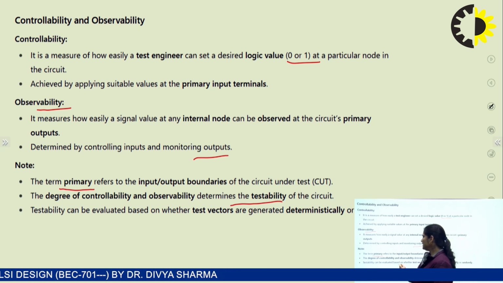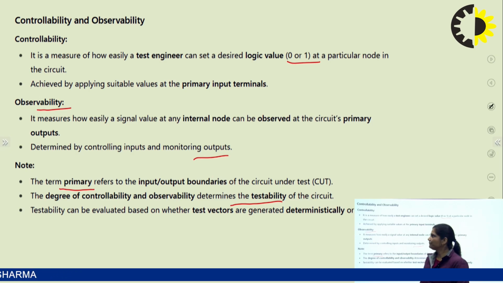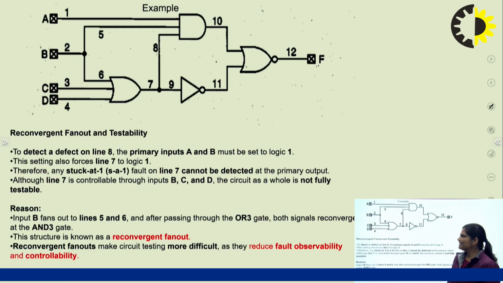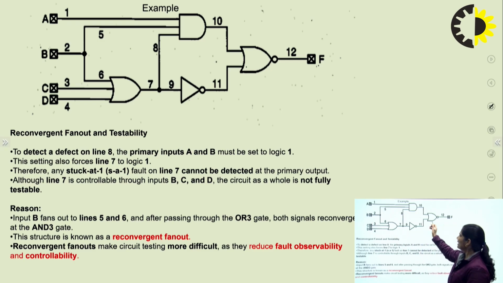Now, testability can be evaluated based on whether test vectors are generated deterministically or randomly. Now, let us take an example. We take a circuit with a 3-input AND gate, a 3-input OR gate, a NOT gate, and a NOR gate.